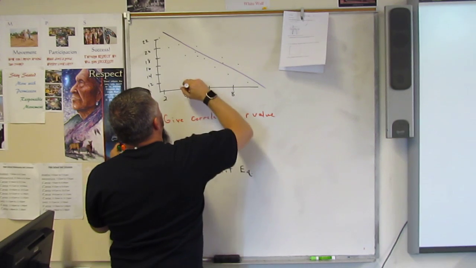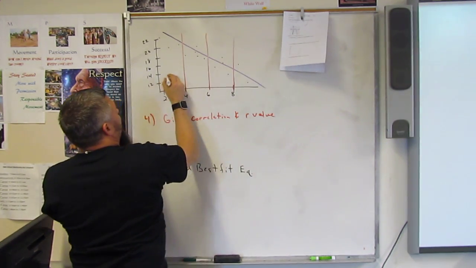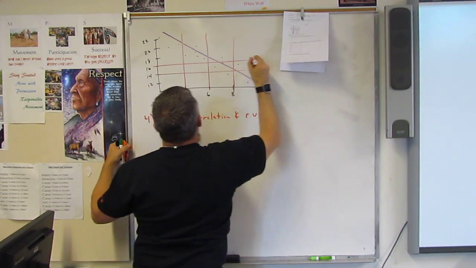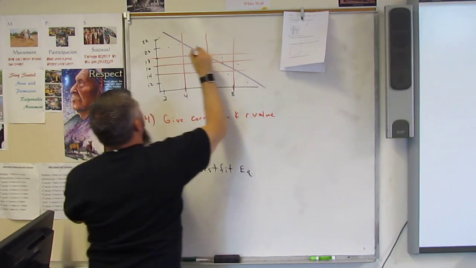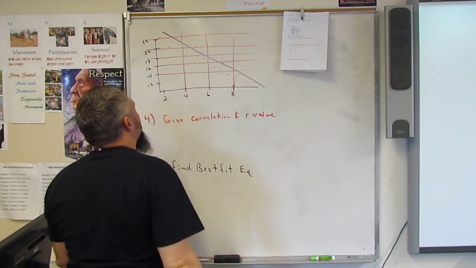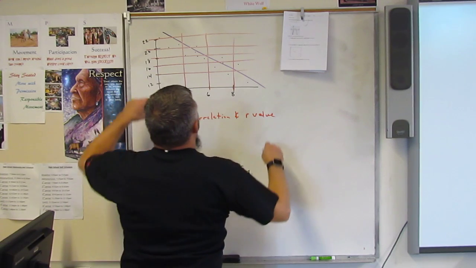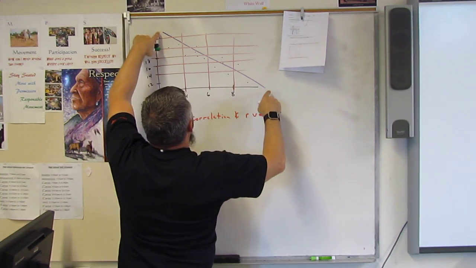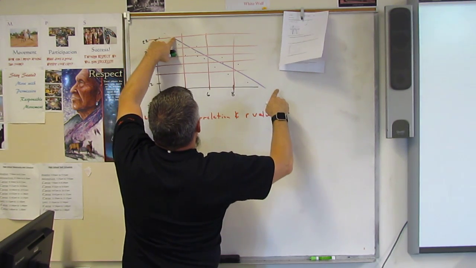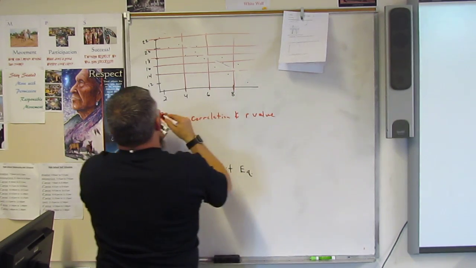Now this could have been shifted down a little bit. What I'm looking at is, if I were to shift this a little bit, this is a line of best fit, but there are a lot of possibilities here.